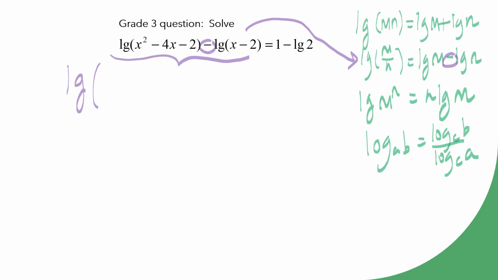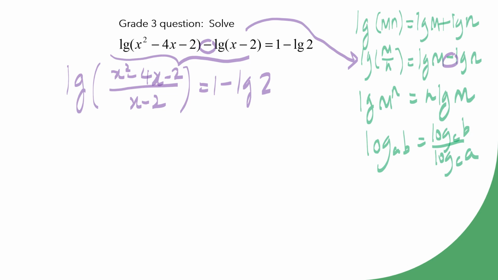So you would have x squared minus 4x minus 2 divided by x minus 2 equals 1 minus log 2. Right, so here you realize that I need to do something. Remember what we said earlier on?